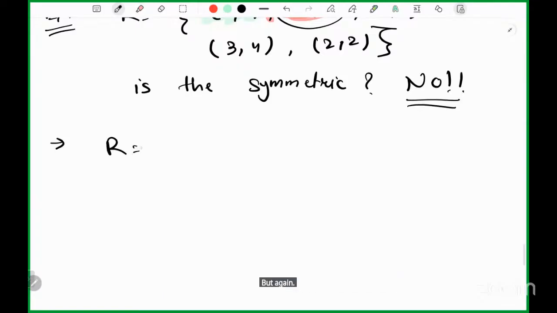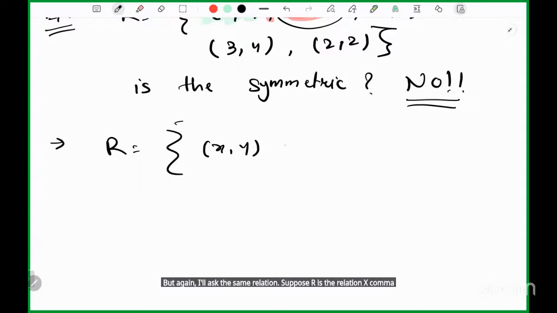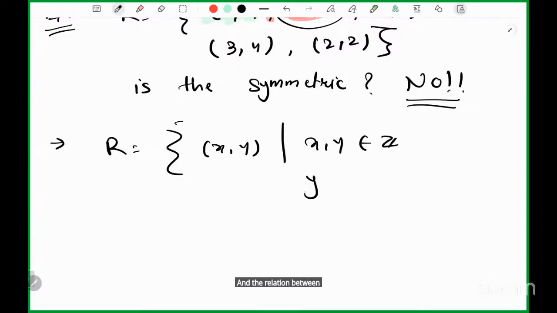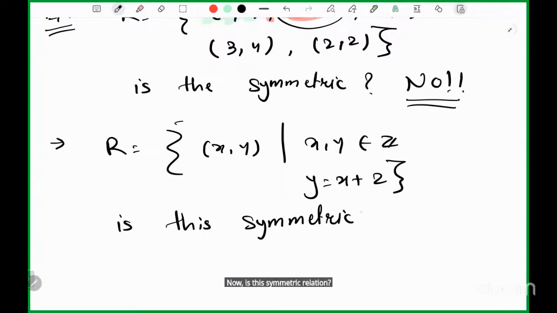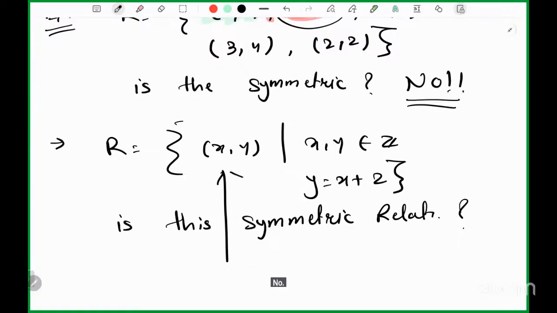Again, I'll ask the same question. Suppose R is the relation of x comma y, such that x and y both are integers, and the relation between x and y is y equals x plus 2. Now, is this a symmetric relation? No, correct. Because you can check by substituting any integer.